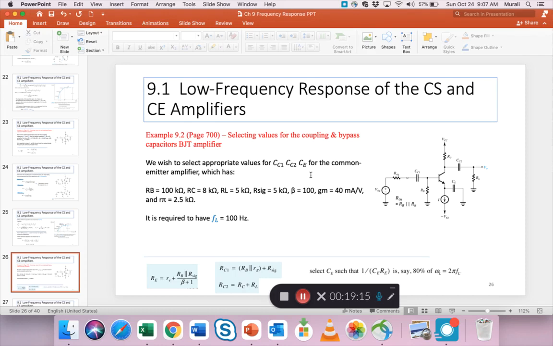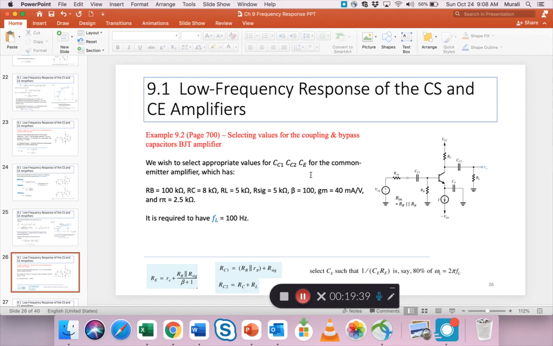But here, instead of taking 100 Hertz as the minus 3 dB frequency, and then assuming the other two should be so much lower, like 10 Hertz like we saw for the FET amplifier, MOSFET amplifier, here the approach is slightly different.